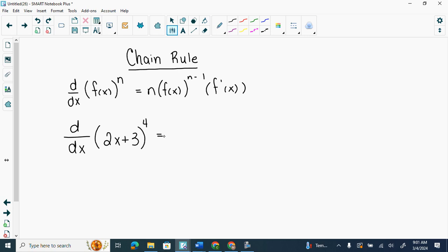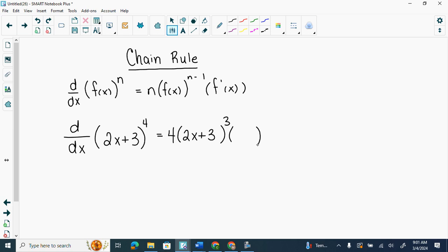The 4 would drop in front. I would get whatever this is to the power of 3, and I have to rewrite whatever that is. We agree? What have I not done the derivative of? 2x plus 3, that f of x in the middle, right? That's 2x plus 3. So I chain behind with the derivative of what's in that bracket.